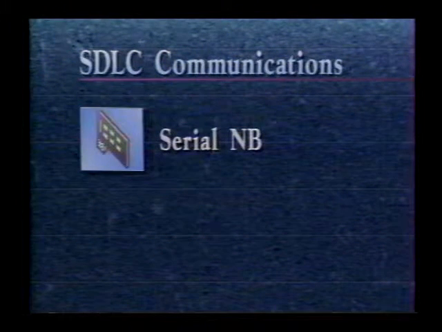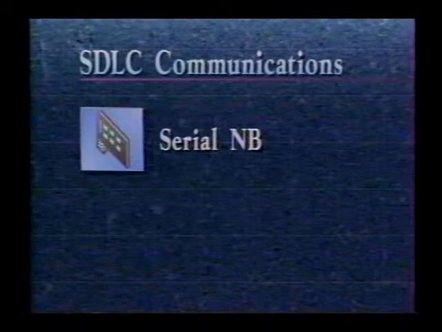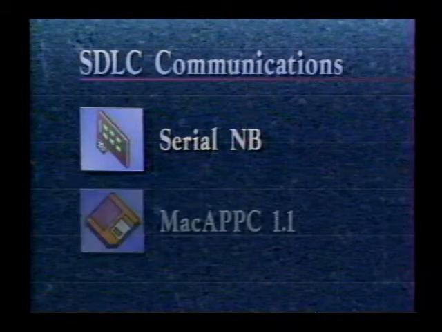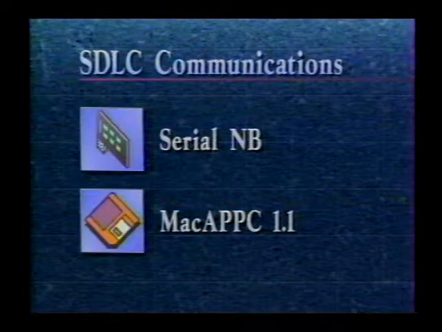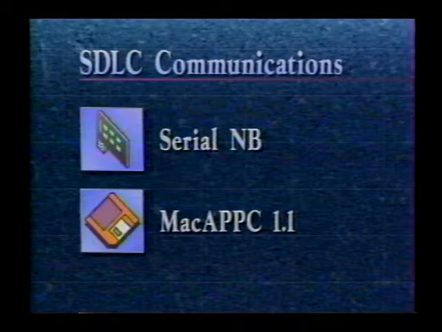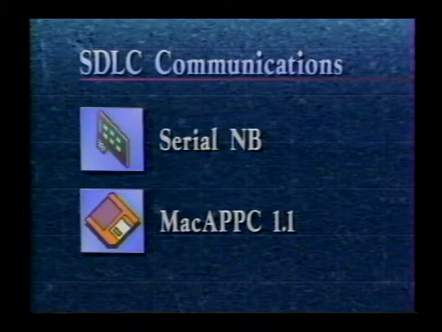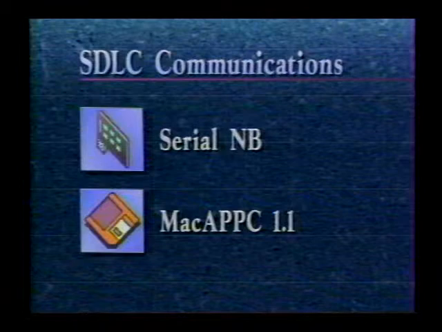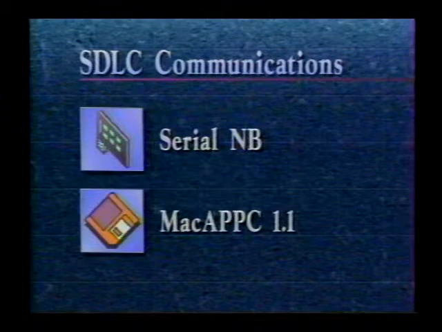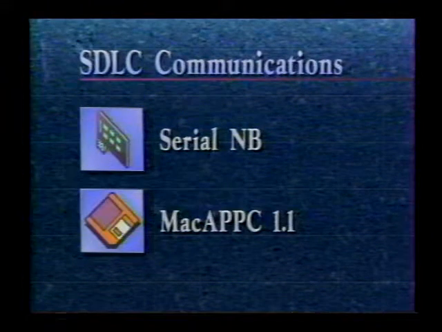The product that we have in this case is the serial NB card. This is the card with 4 high-speed serial ports on it that we layer Mac APPC, our implementation of LU6.2 and node type 2.1 protocols on, as well as MacX25, which is our CCITT X.25 software that you'll hear about later, also runs on this card.